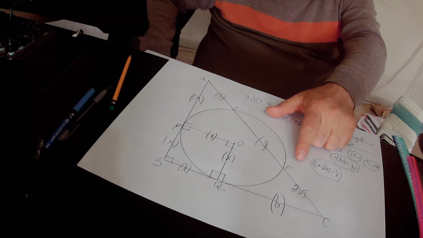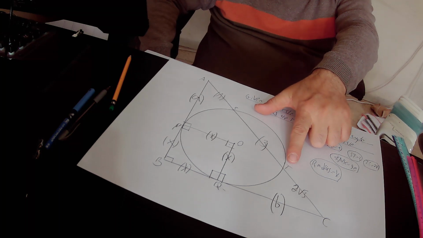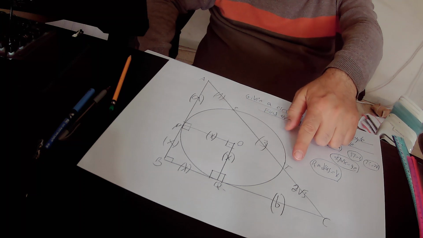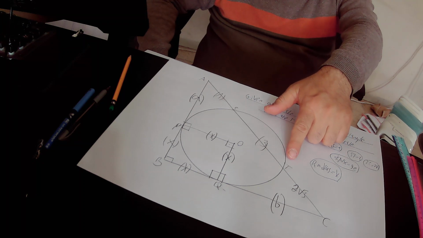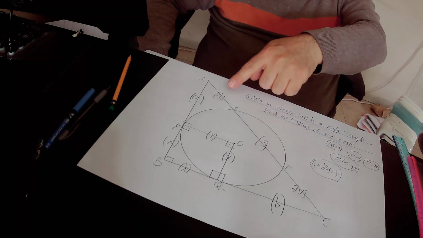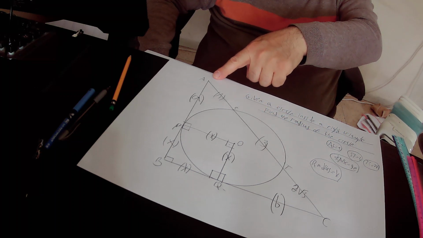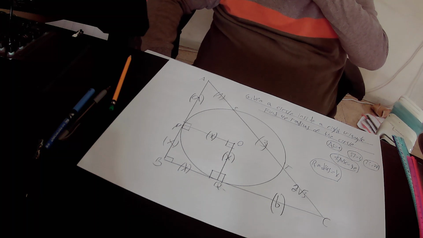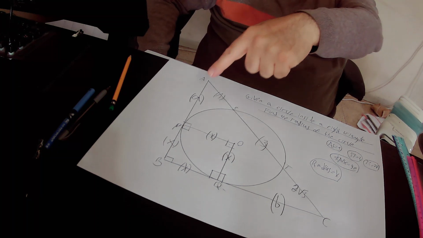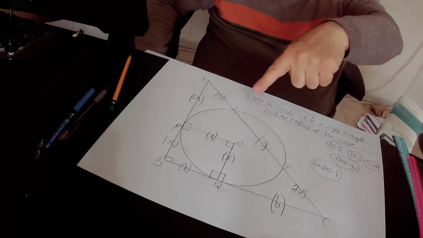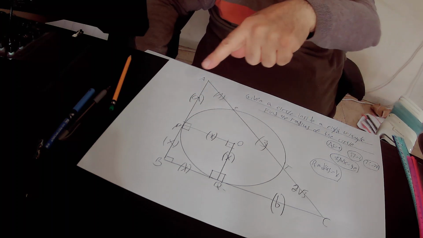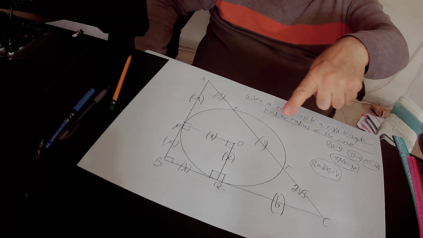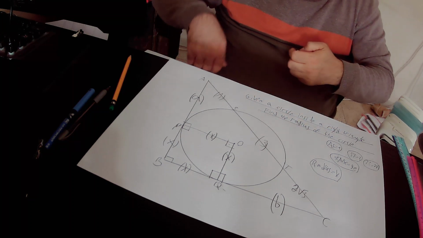And we have here chord ST, and chord TS is extended until it touches point A. Therefore, according to rule 10, we get that AP squared must be equal to AS times AT. Again, AP squared must be equal to AS times AT. So I'll write it down.